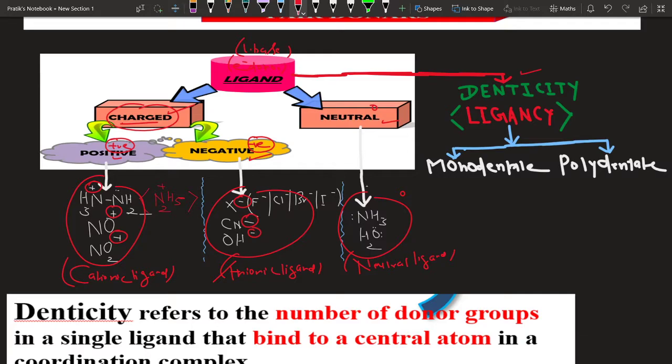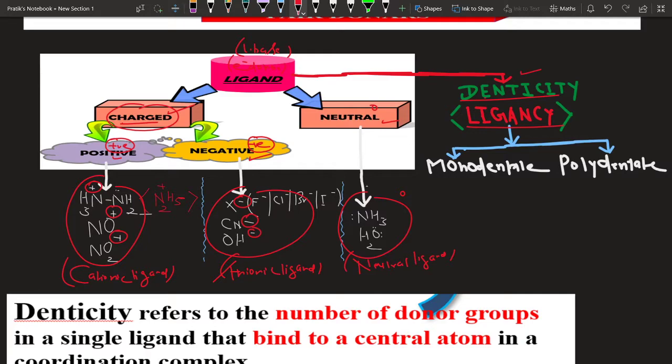But ligands are also classified on the basis of denticity. Denticity is also referred to as ligancy. When we say denticity, it means how many coordinate bonds are formed by one molecule of the ligand.